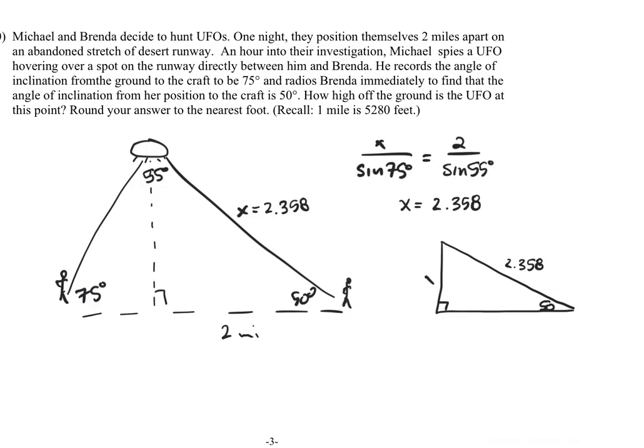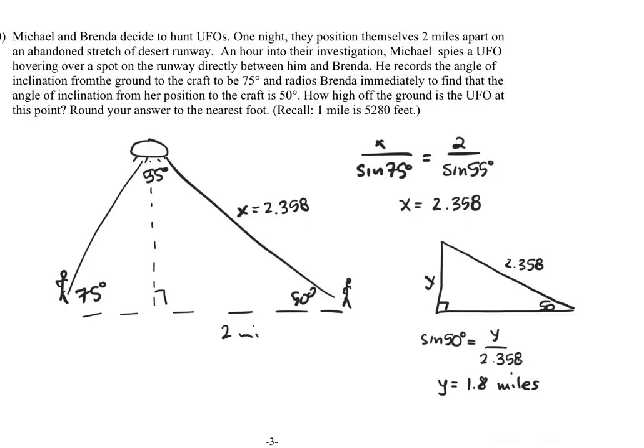What we're trying to find is this length here now. I'm going to use a different variable. Let's use y, since we already used x. So if we want to use the sine of 50 degrees is equal to the opposite length y divided by the hypotenuse, then we can find the value of y as 1.8 miles.